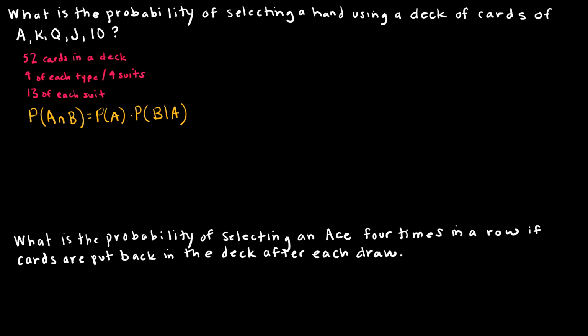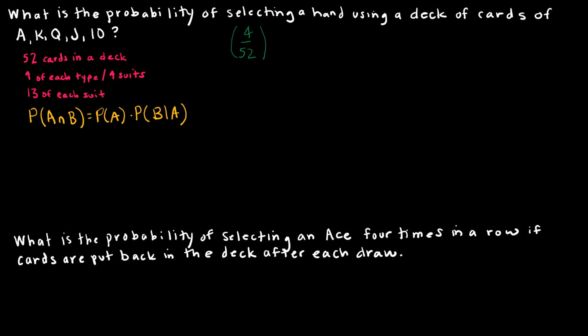And again, there's more than one way to do this, and I'm going to show you 2 ways. The first way I do this is not my favorite way, but it's the way that a lot of students would begin this question. They would say, well, in order to get an ace, there are 4 aces out of 52 cards. So 4 aces, 52 cards.